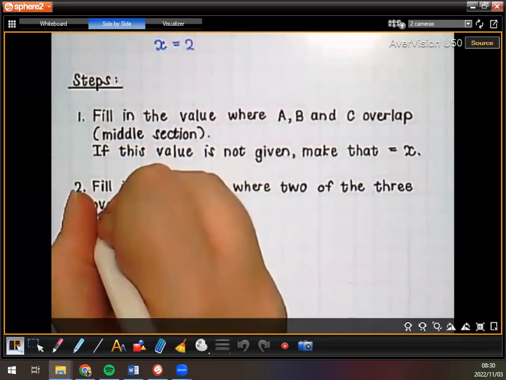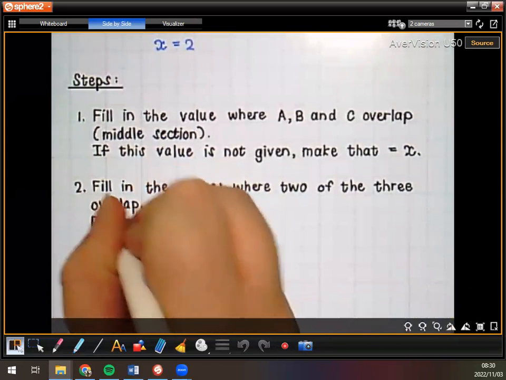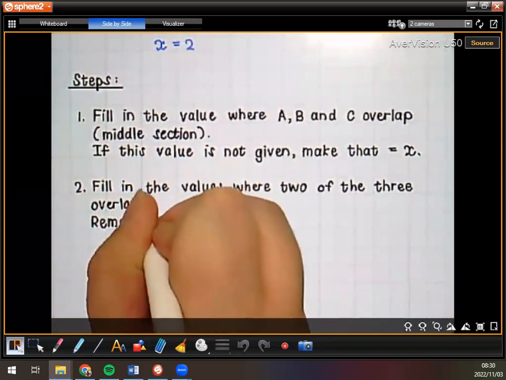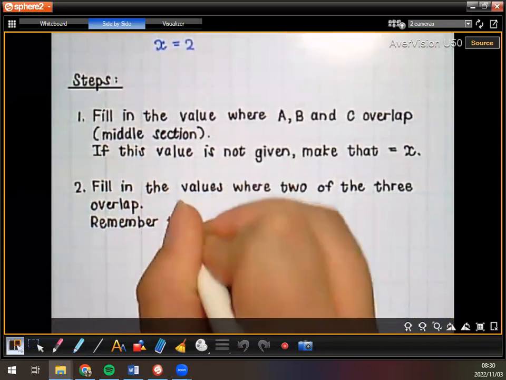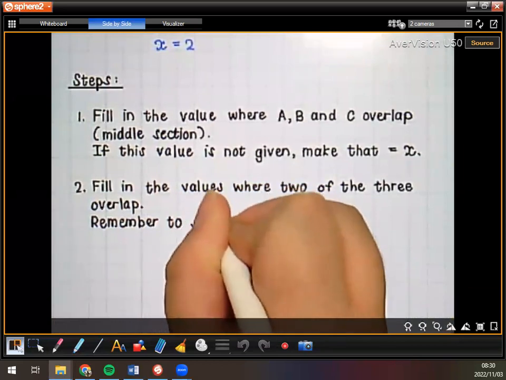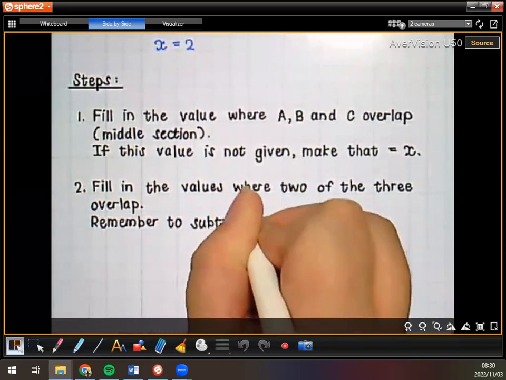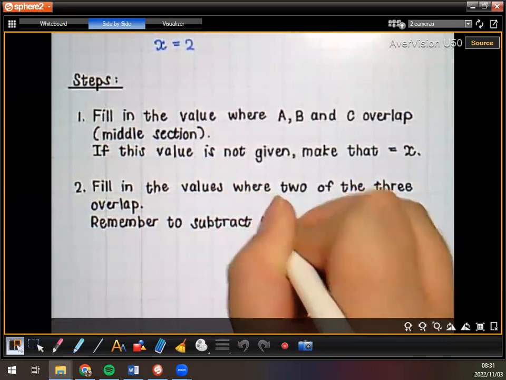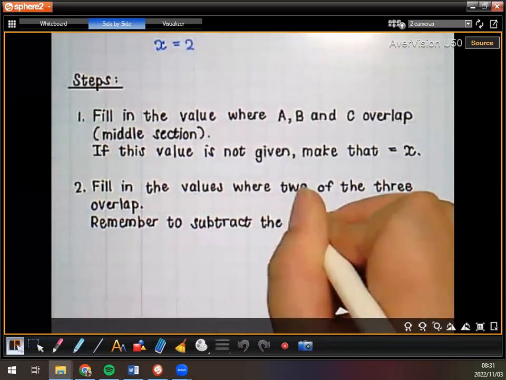Okay, important, remember to subtract the first value.